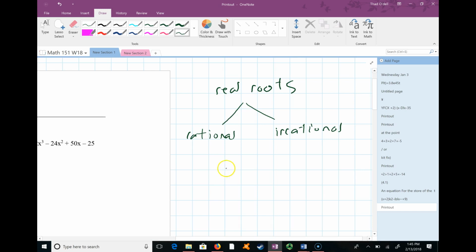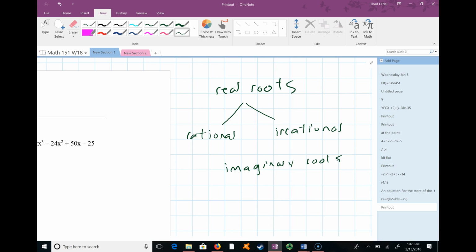And then we also have imaginary roots. Both the rational and irrational roots will show up as x-intercepts. Imaginary roots will not show up as x-intercepts. There will not be a crossing on the x-axis that corresponds to imaginary roots.